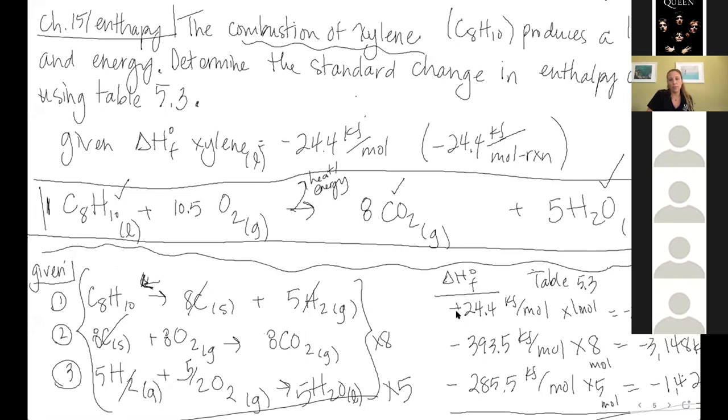Which would make this positive the way that I've written it, or negative if you switch the arrow, and then that would give you the exact same answer if you did it products minus reactants, because then you'd have to reverse it. But at the end of the day, you can work the problem either way. That's not a problem. Even if I make some sort of mistake, it should always work that way.